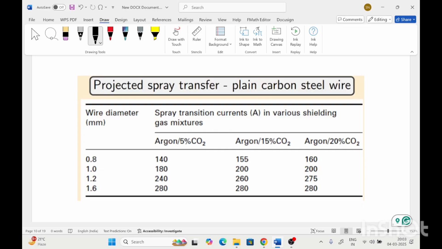The spray transition current increases with increasing amount of CO2 and with increasing diameter also. With CO2 at 5%, 15% and 20%, the spray transition current is also increasing.